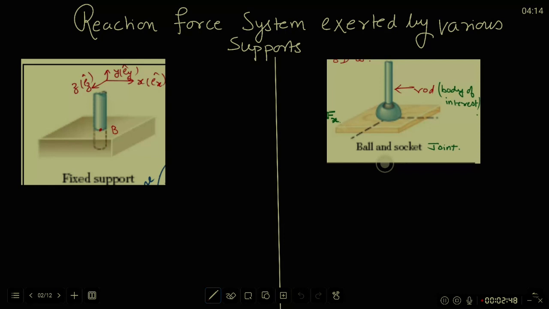These two supports I discussed yesterday also. One is the fixed support, the other is the ball and socket type of support. Let's review these once again and then we will look at some other types of supports.